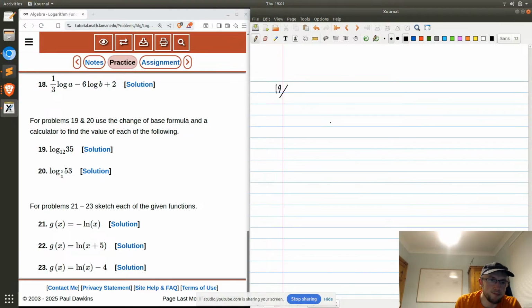So use the change of base formula and a calculator to find the value of each of the following. Okay, so how to remember the change of base formula? The way I think of it is, pretend that you only have this button or this one on your calculator.